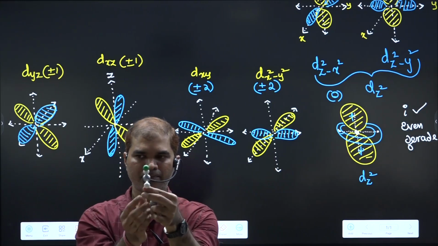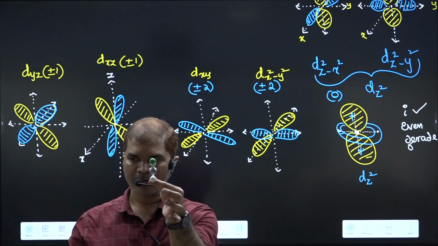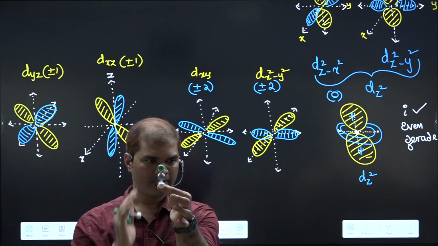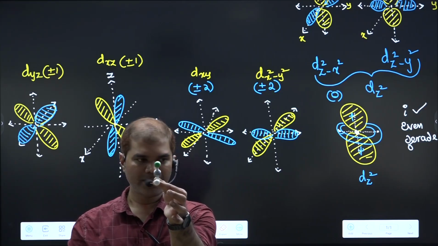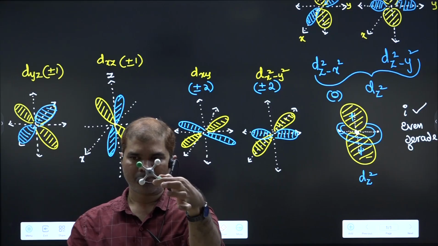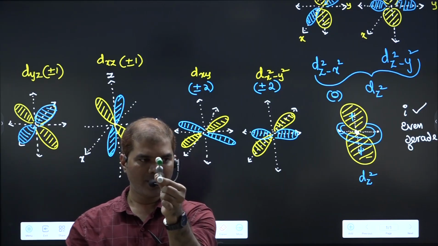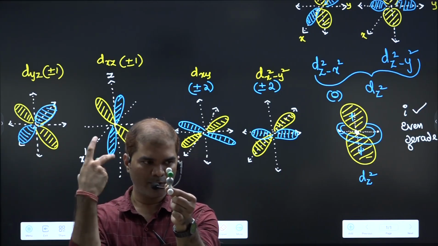Which orbital is this? This is dxz, or zx, anything. This is dxz. This is dyz. When I hold dxz, two lobes are pointing towards you, two lobes are away from you.